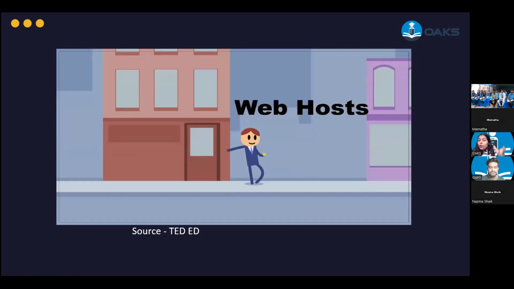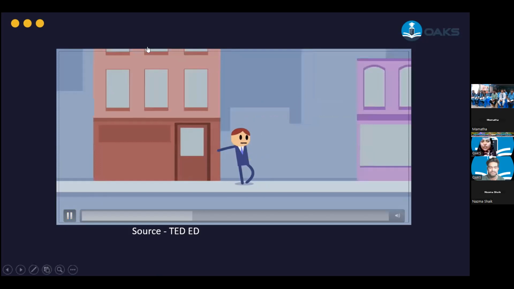Suppose there's a hotel room or a skyscraper. There will be a person involved who can ask you to host. A web host is a person who will ask you, okay, you can have your websites, just give me a little amount of money. Anyone can set up a web server with the right equipment and a bit of know-how.